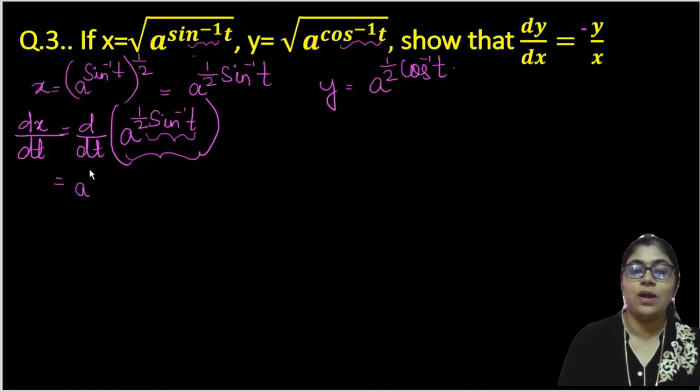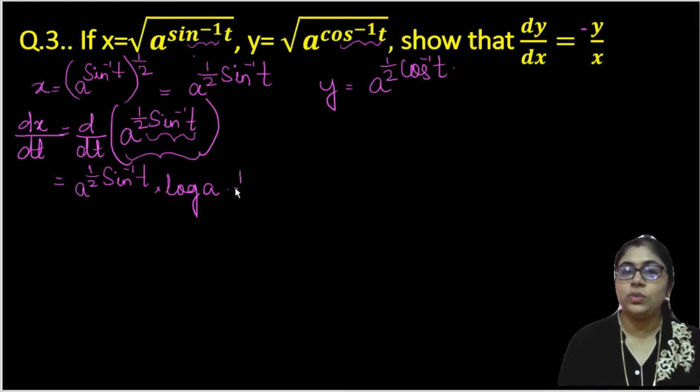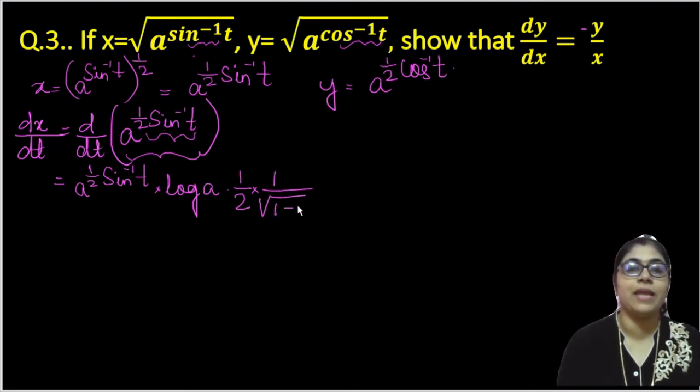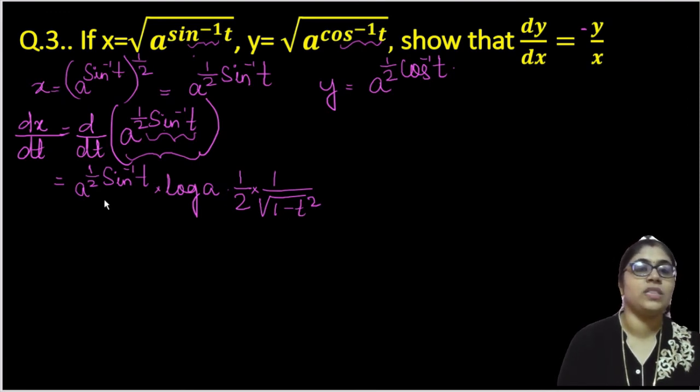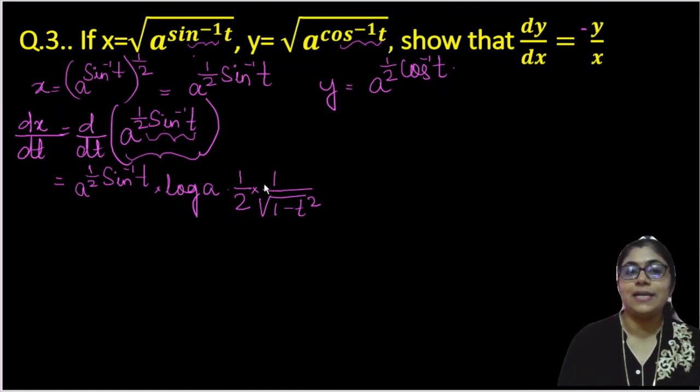A to the power 1 by 2 sin inverse t into log a, but we have to differentiate 1 by 2 sin inverse t also. So log a, 1 by 2, and what is the formula for differentiation of sin inverse t? 1 by square root of 1 minus t square. So this is a to the power half sin inverse t into log a, 1 by 2, 1 by square root of 1 minus t square.